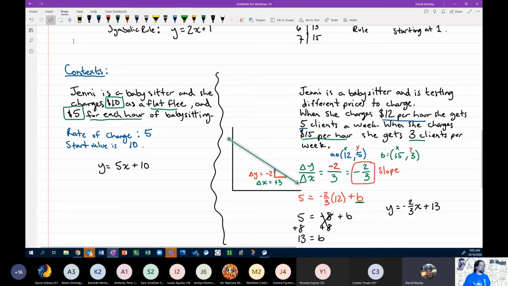So we have our y-intercept here that we need to find. At this point in the problem, we don't have it yet. We find out that it's 13 by doing the math. To do that, we just pick one of the two coordinates and replace x and y in the unfinished formula with those values. So this is x and this is y, and I want to use this point right there.